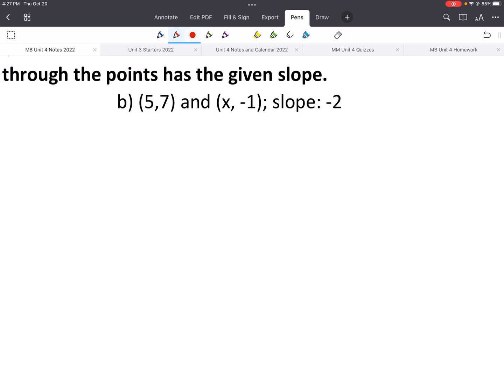Since we're going to be trying to cross multiply, it would probably be good to make this be a fraction. So we'll do negative 2 over 1, that's our slope, is equal to, I'm going to write these here again, y2 minus y1 over x2 minus x1.